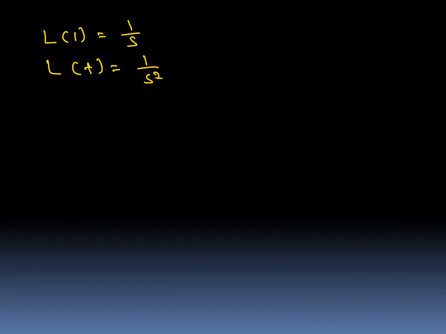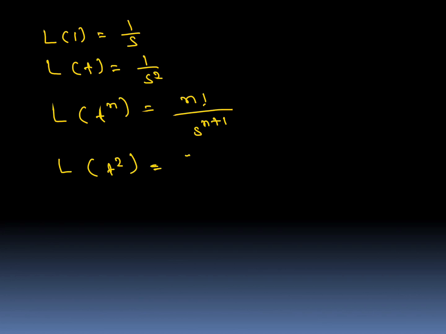The formula is Laplace of t to the power n is n factorial divided by s to the power n plus 1. So Laplace of t square, you will get 2 factorial, which is 2, over s cube, since n plus 1 is 2 plus 1, 3.